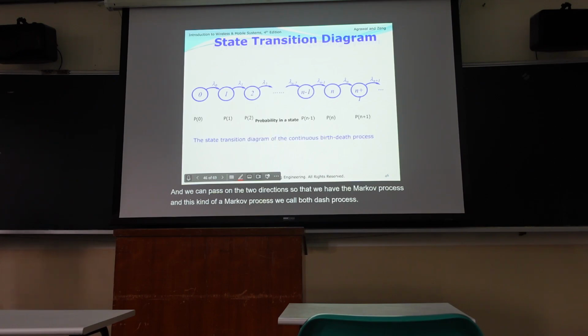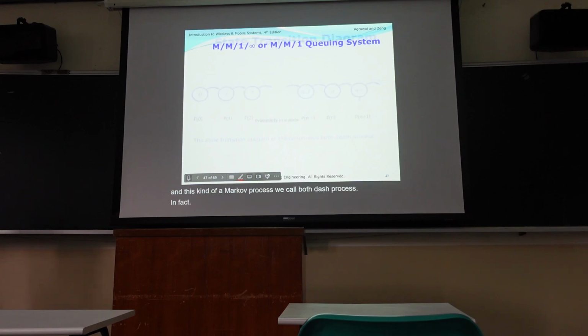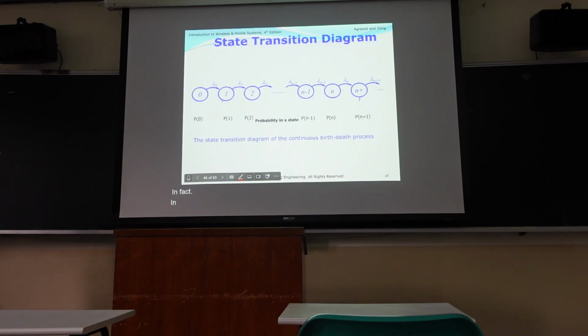Well, in fact, we have the special Markov process. But right now, Markov process, we gotta have the rate. So we have the direction to represent birth. And here the state means the population size.